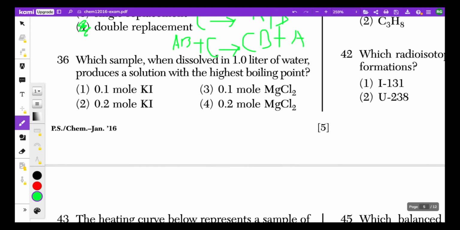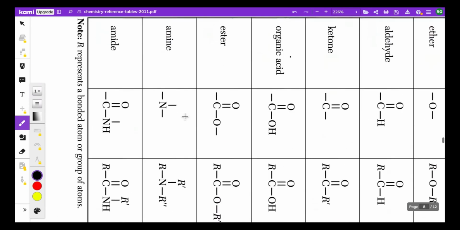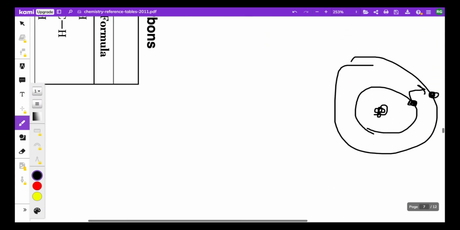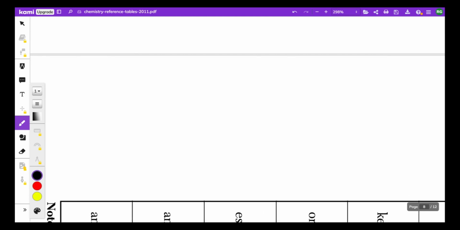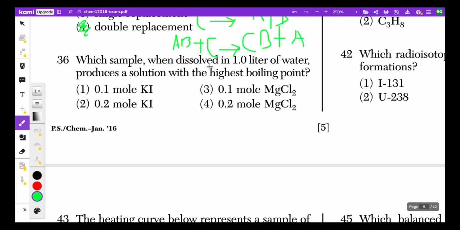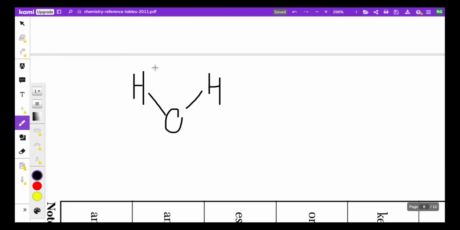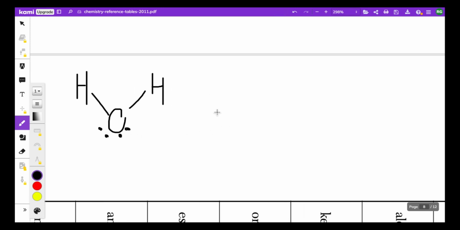Which sample dissolved in 1 liter of water produces the solution with the highest boiling point? This is something to think about. One thing to know is that all molecules, in this case we're talking about water because we're talking about a solution, since our problem is talking about 1 liter of water, can get attracted to other water molecules.